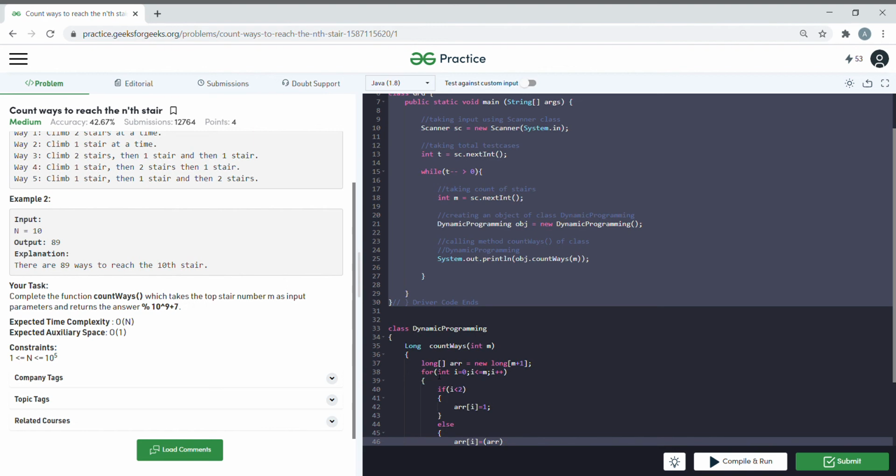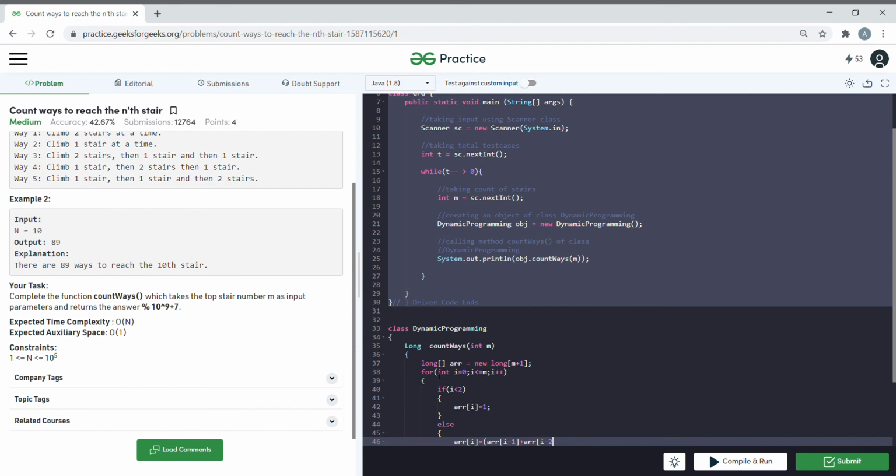What is the Fibonacci series? It is the sum of the previous two numbers. So arr of i minus 1 plus arr of i minus 2. This is all right.